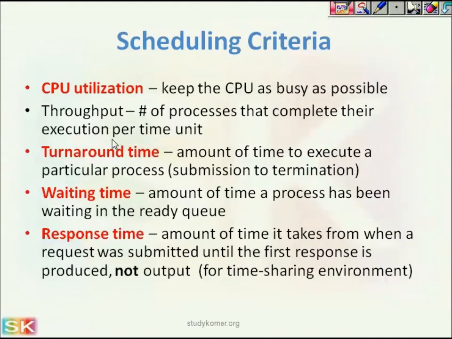Waiting time is the amount of time a process has been waiting in the ready queue, or the time when a process is doing nothing, right? When a process is executing some IO device, we cannot say that this process is waiting, because at that time the process is actually busy in doing some IO task. So that process is not waiting for some resource. So waiting time actually is the time when a process is waiting to be executed either in the CPU or for some IO computation, right?